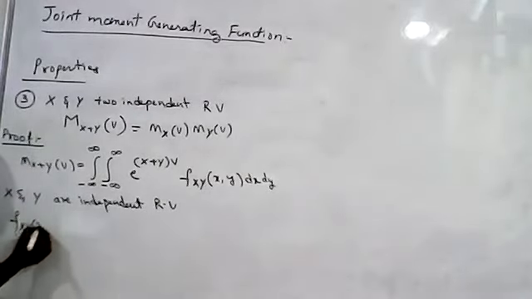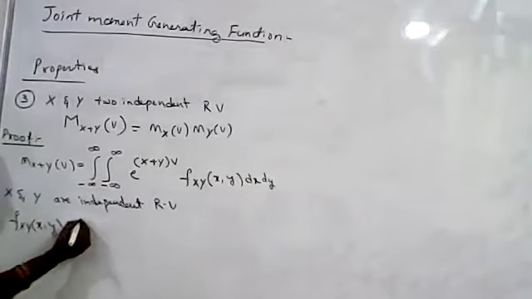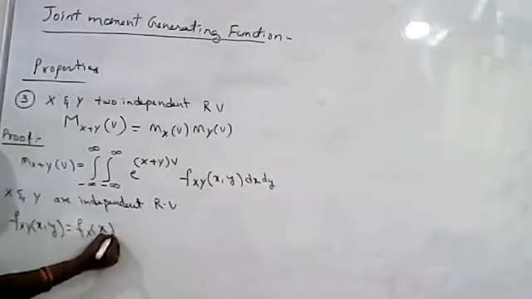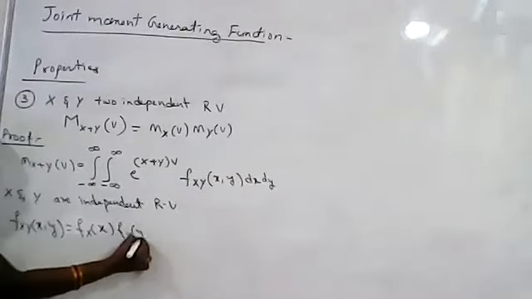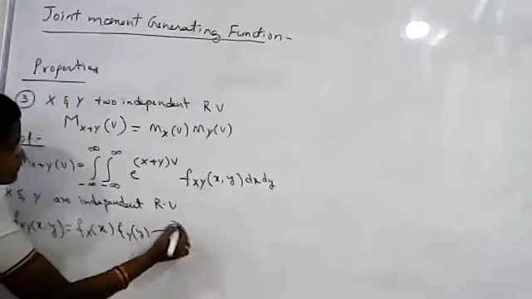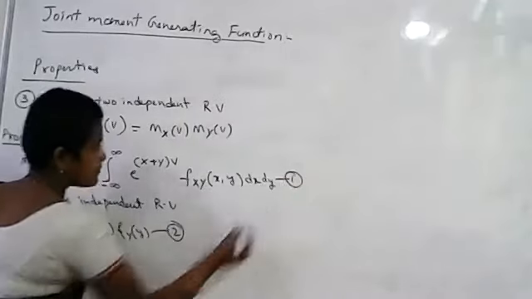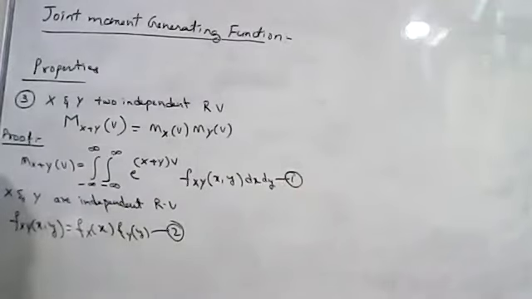Fxy of x comma y can be written as fx of x into fy of y. So say you substitute equation 2 in equation 1.